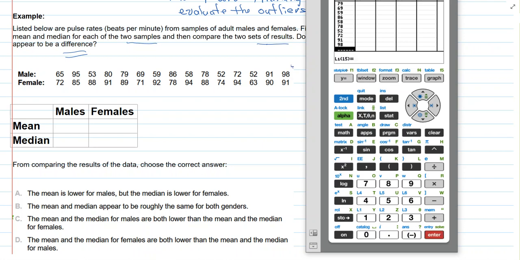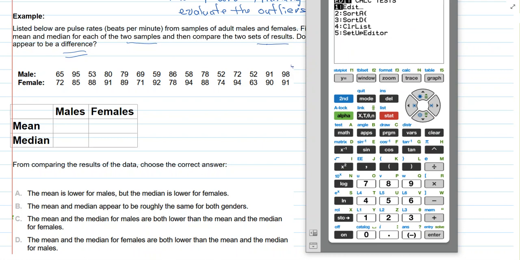And I show that we have 14. Let me see if we do. Oh, we have 50. So again, working on here, I have omitted something. 65, 95, 53, 80, 79, 69, 59, 86, 50.